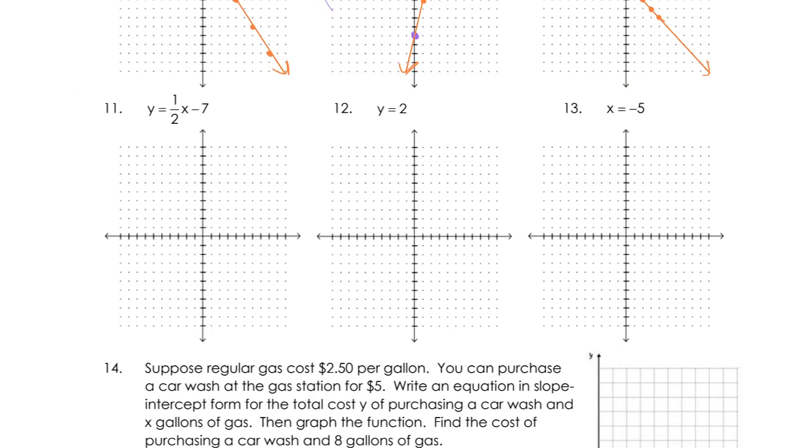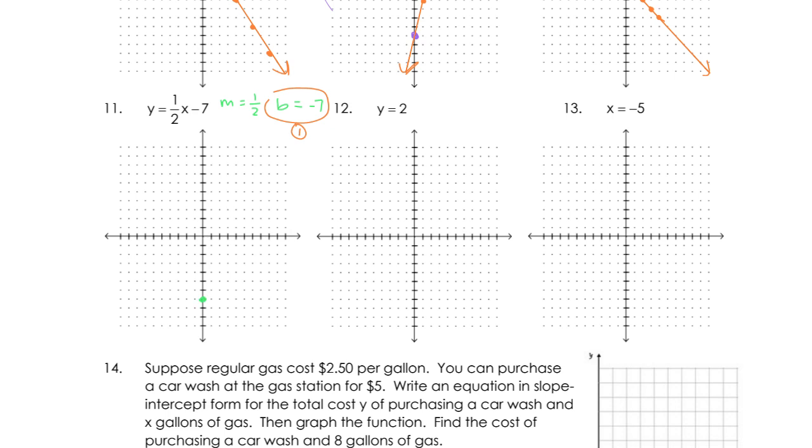Okay, moving on down here to 11 through 13. I noticed that all of these are actually in slope-intercept form for us, so we are ready to just go ahead and identify our m would be 1/2 and b would be -7. So then again, I always start with the b value or the y-intercept, so then down 1, 2, 3, 4, 5, 6, 7.